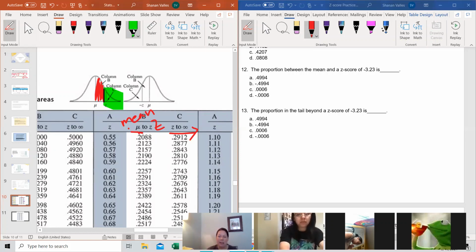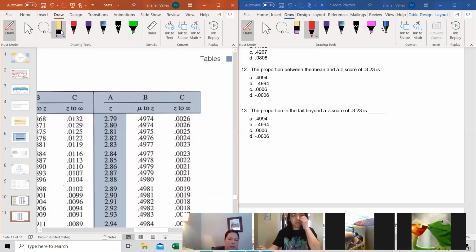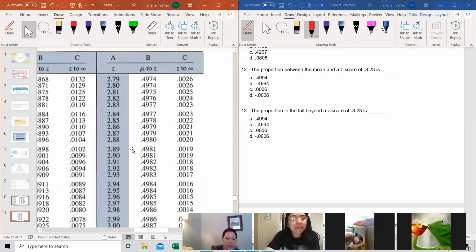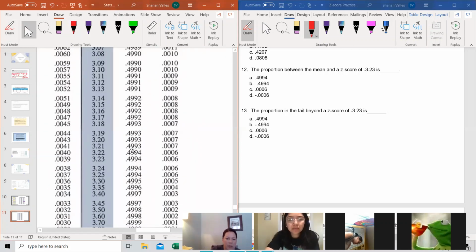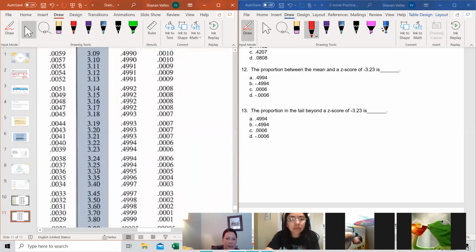Now let's look at this example here of negative 3.23. I'm going to have to go to this table or the next one. I flip-flopped it because I know it doesn't go that far. So 3.23 down here. Okay, there it is.